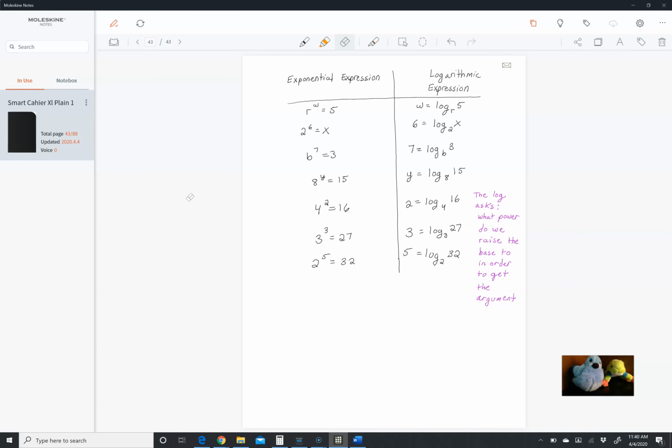If there is no base, base 10. So in other words, if you just see the log of x, it's really log base 10 of x. We don't put in the 10.